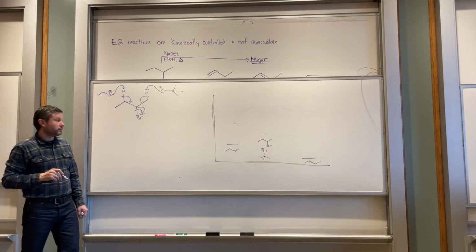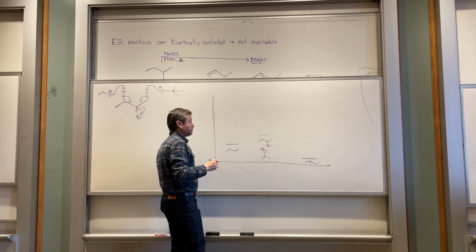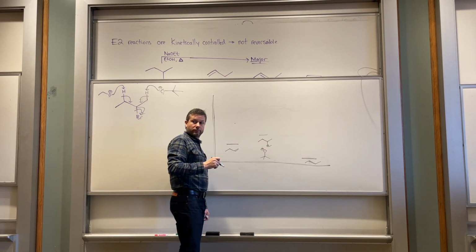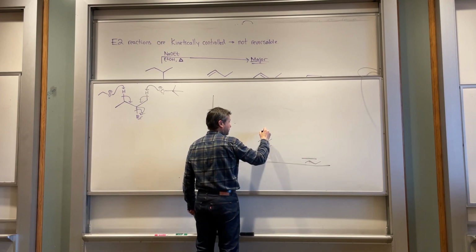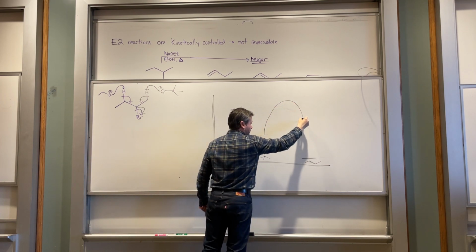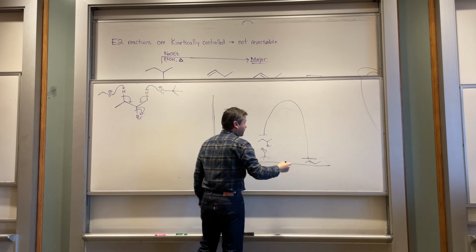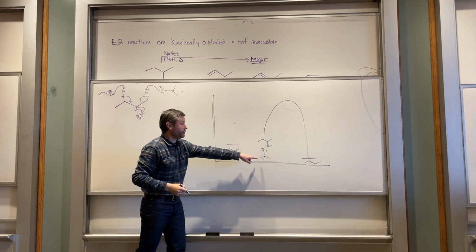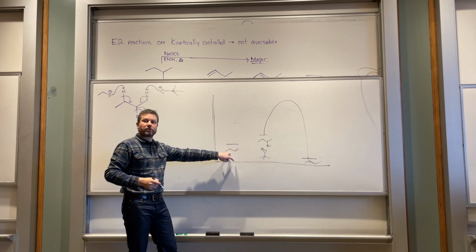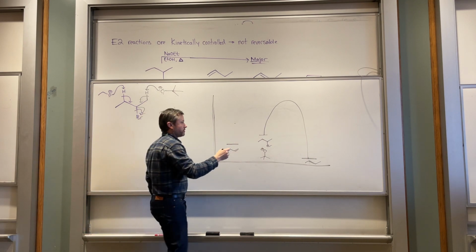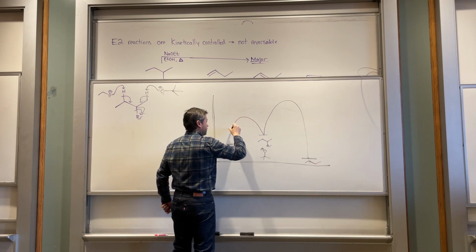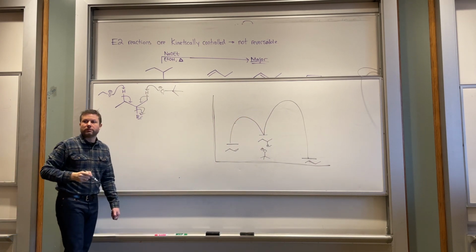Wait, no, because it's a bulky base, the 1-butene is the major product, right? So that forms the most. The transition state leading to the disubstituted alkene should be the higher one, because of the steric strain in the transition state.